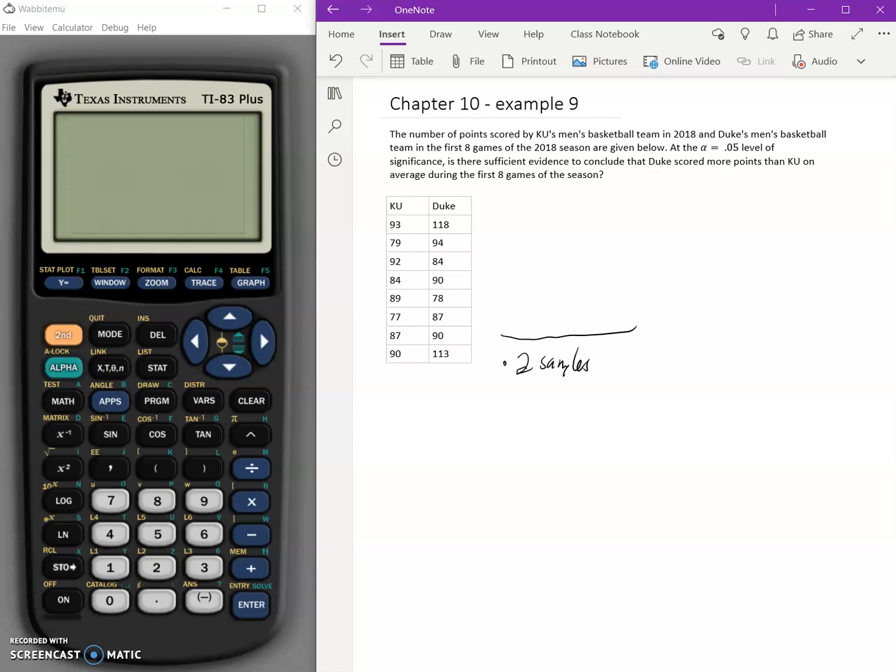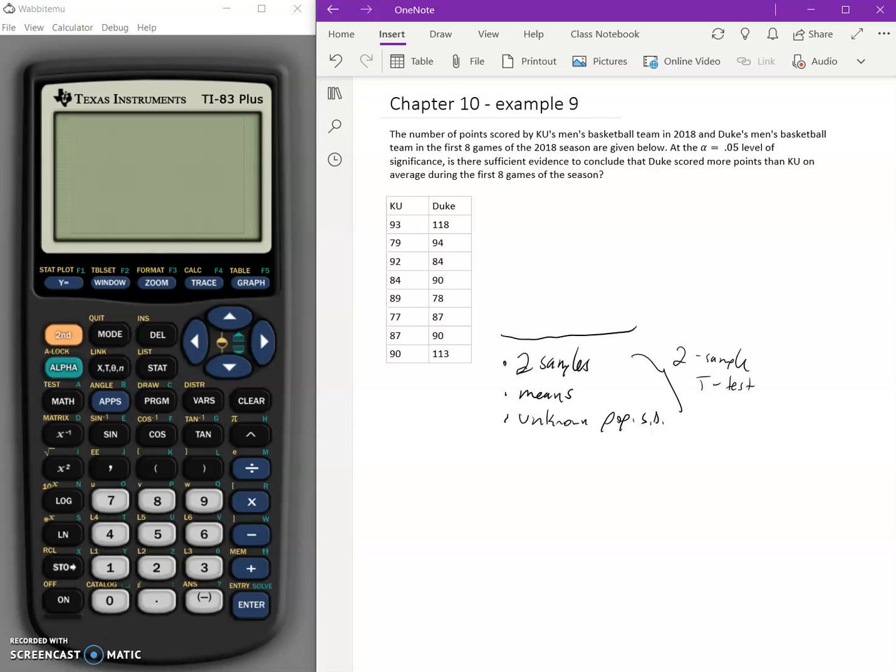Looks like we have these 2 independent groups of KU scores and Duke scores. Now we're looking at means because we said on average, what's the difference? And we have to ask ourselves now, if we have samples and means, do we know the population standard deviation? Well, no. So we have an unknown population standard deviation. And so this automatically tells us that we're going to be doing a 2-sample t-test.